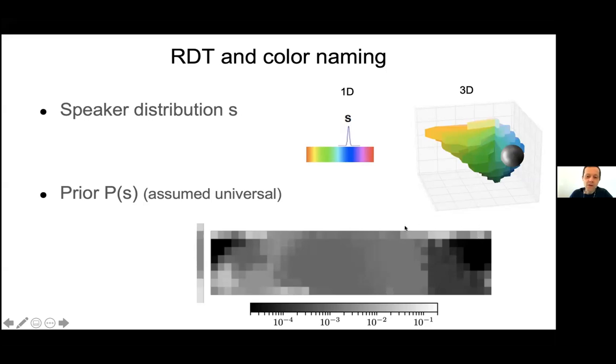What I'm showing you here is a prior distribution based on corpus statistics in English. So look at the relative frequencies of red, yellow, and so on, and use those to construct a prior distribution. For the results I'll show you in a bit, it's actually a different prior, but it turns out that the prior doesn't matter hugely for the qualitative results. What's much more important is the structure of color space.